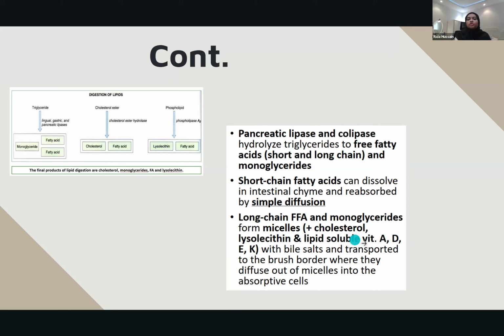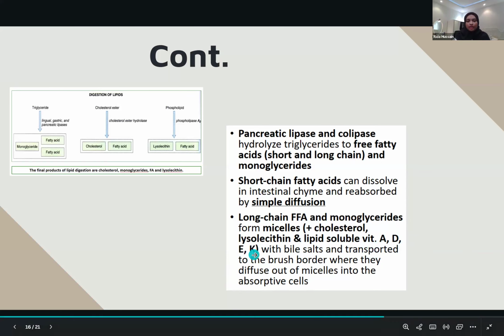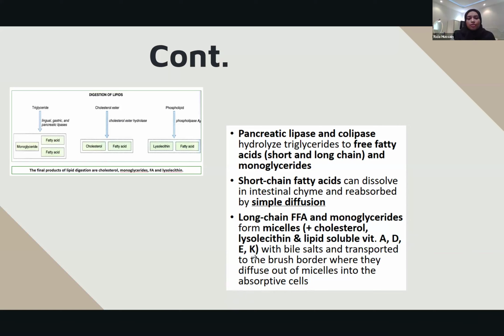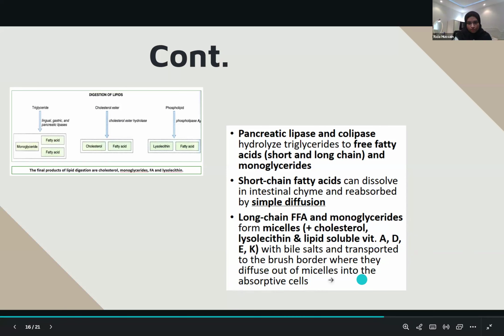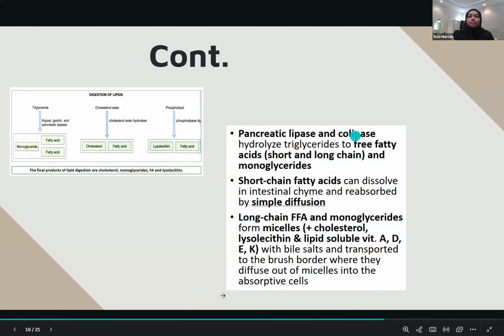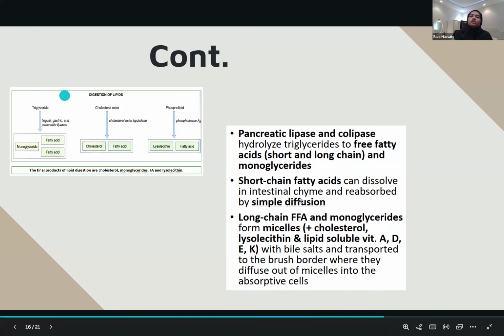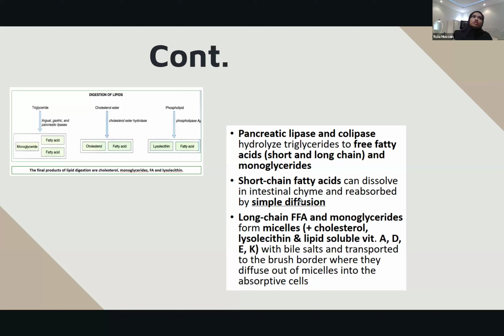The lipid-soluble vitamins are A, D, E, and K, and they are part of that micelle. Along with bile salts, they are transported to the brush border, where they diffuse out of the micelles into the absorptive cells. So the mechanism of absorption for short-chain fatty acids and long-chain fatty acids is different.